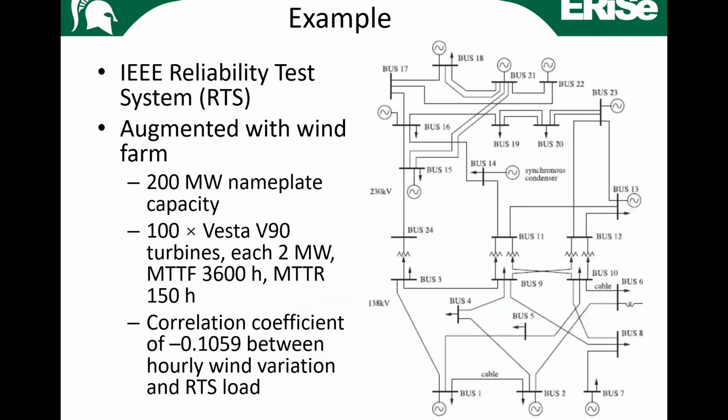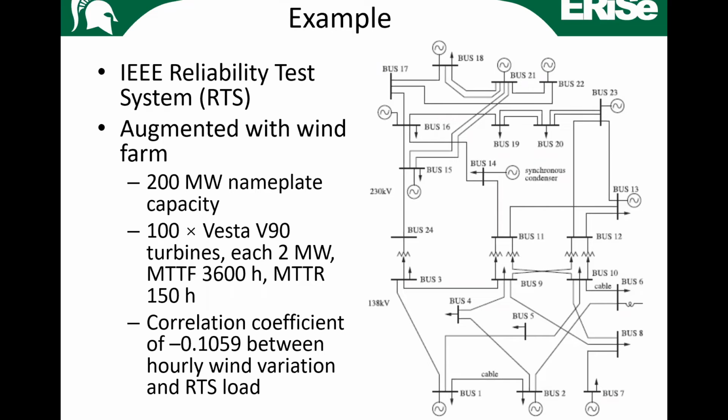So we ran this idea on this test system, the IEEE reliability test system. I don't know how many of you are familiar with this, but this is used fairly frequently in the reliability space. We augmented the system.